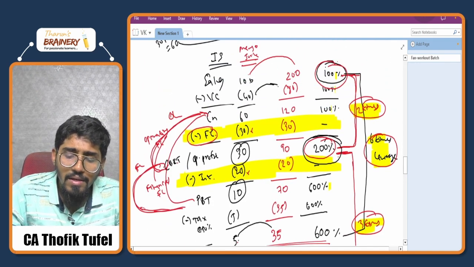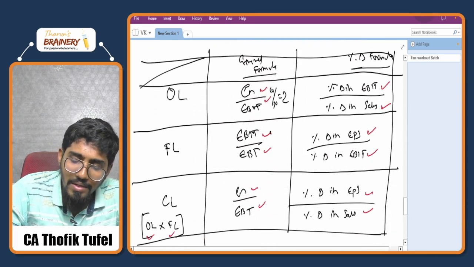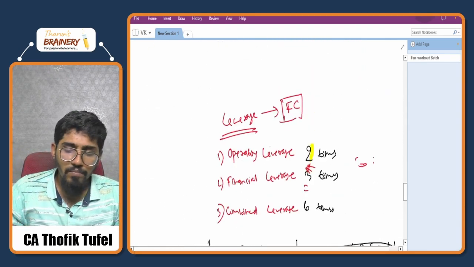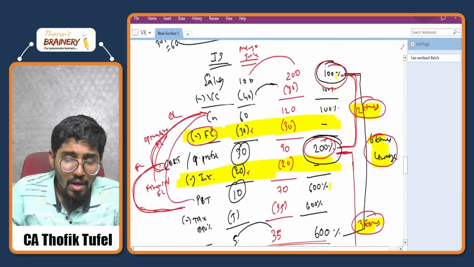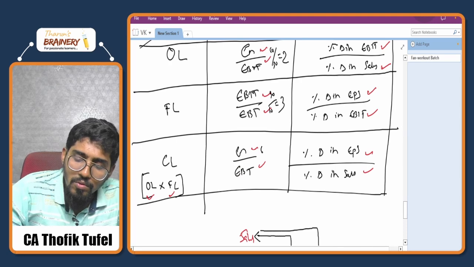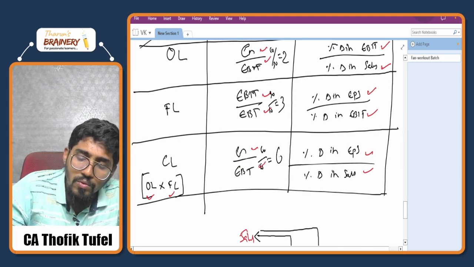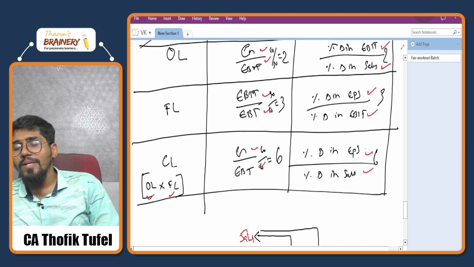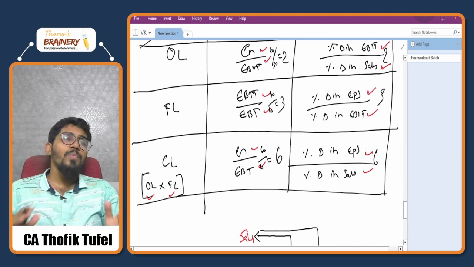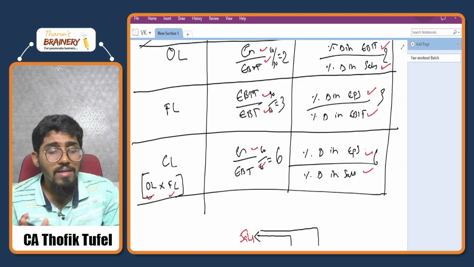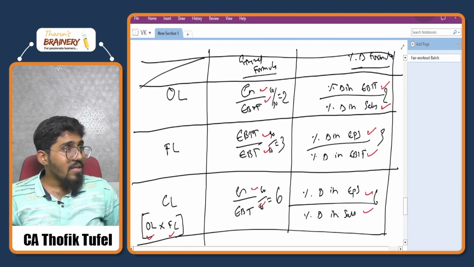What is your EBT? 10. So 30 divided by 10 is 3. Contribution divided by EBT: contribution is 60, EBT is 10, so 60 divided by 10 is equal to 6. Here also we get 2 times, 3 times and 6 times, which means all the formulas are working fine. So these are the 6 formulas for leverages.